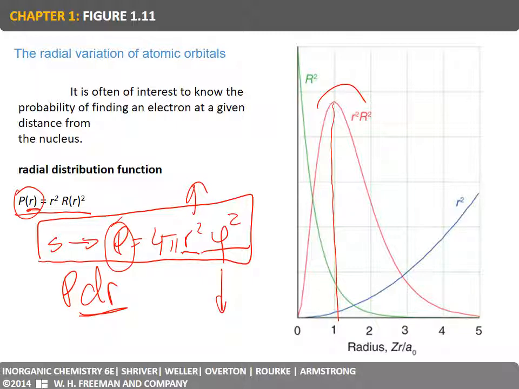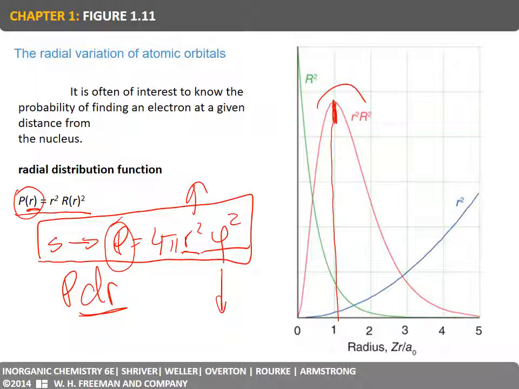So in general, if, let's say, the charge of the nucleus increases, obviously the distance of the maximum of probability is decreasing. The nucleus attracts the electron stronger, therefore closer.